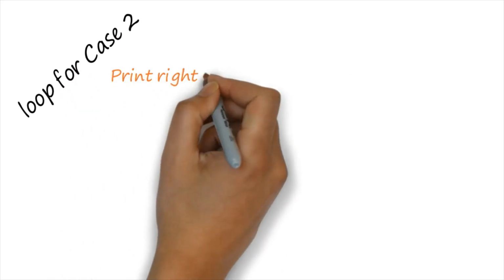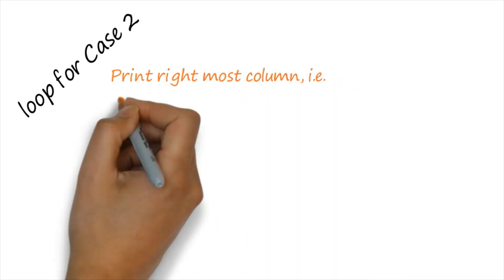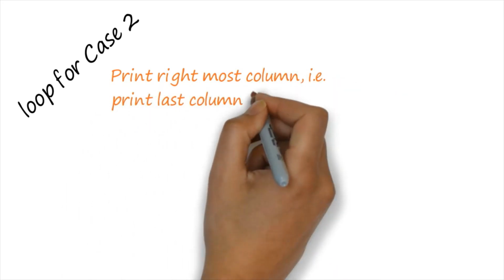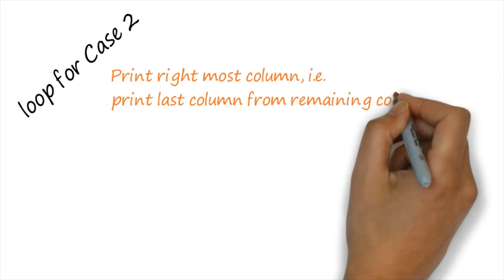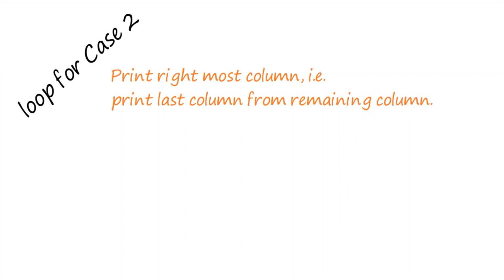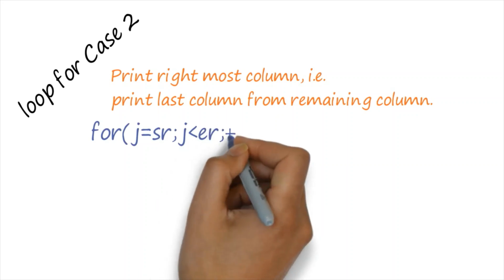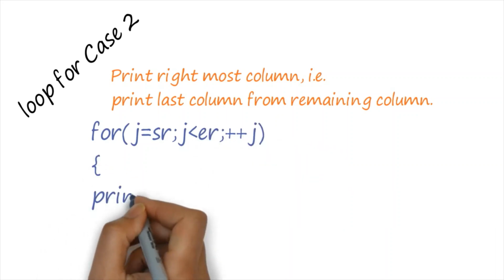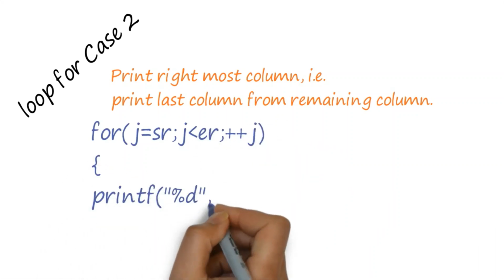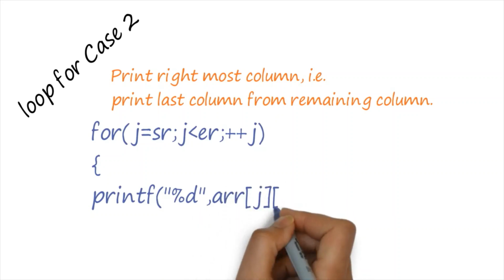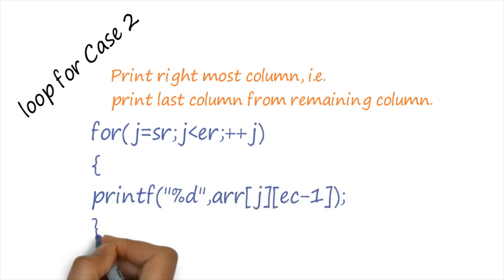Now we will design the for loop for case number 2. The case number 2 was we have to print the last column. Printing last column means the column is fixed but row is changing. So we have to proceed from SR, starting row, to ER. Here row value will be changing and the column value will be fixed.